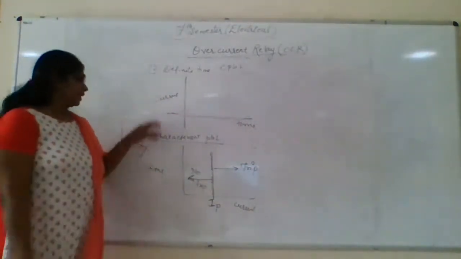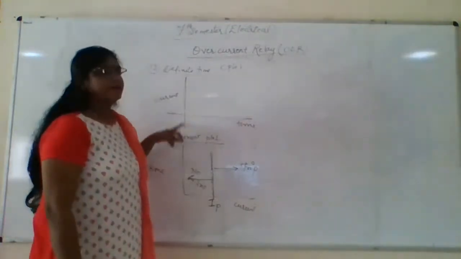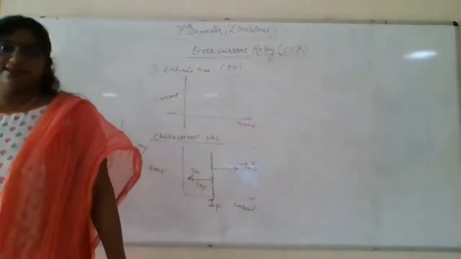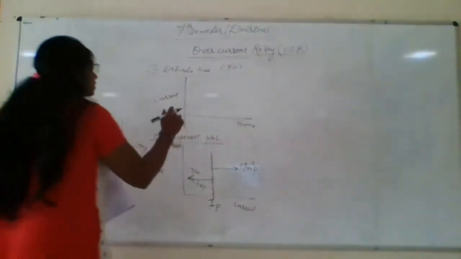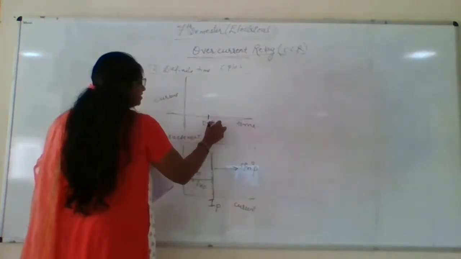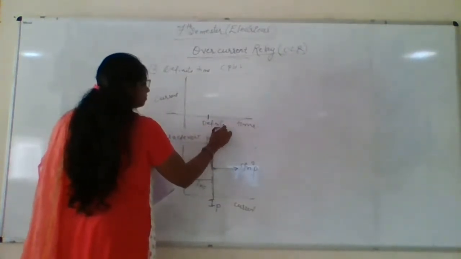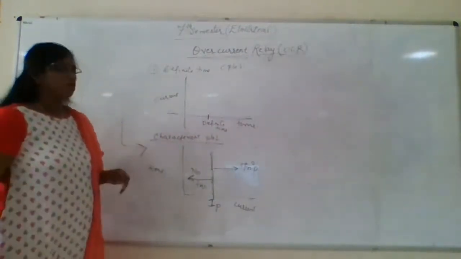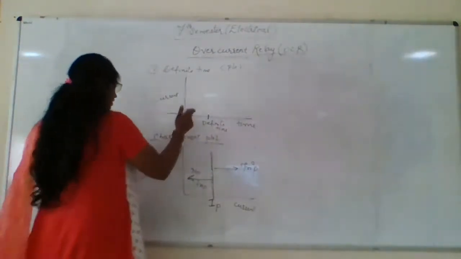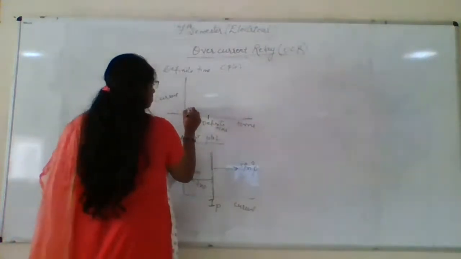The plot is between current and time, with current on the y-axis and time on the x-axis. See here. Here, the marking is there for a definite time. The marking is for definite time, within that span of time.